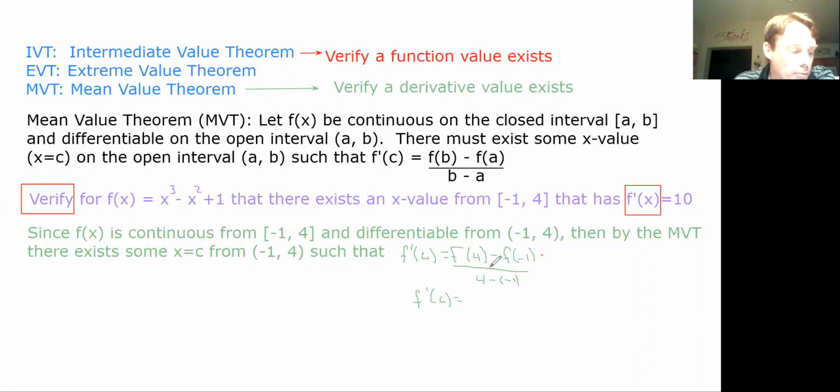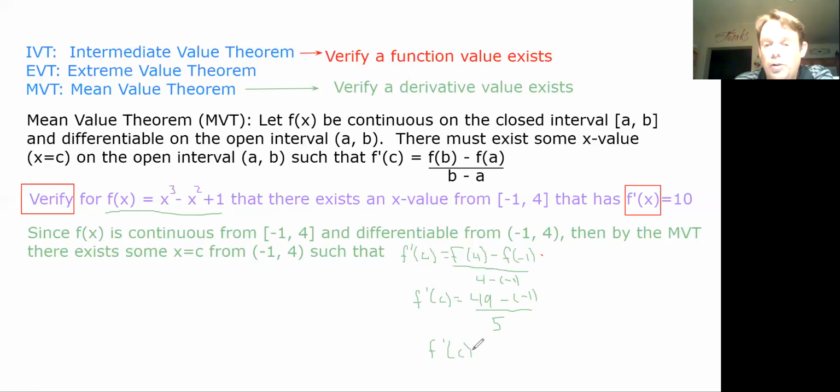I get 64 minus 16, that'd be 48, plus 1, that'd be 49. F of -1, if I plug that in, friends, I'm going to end up with -1. 4 minus -1 is 5. So 50 divided by 5 turns out it equals 10.